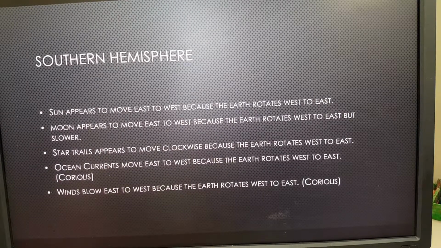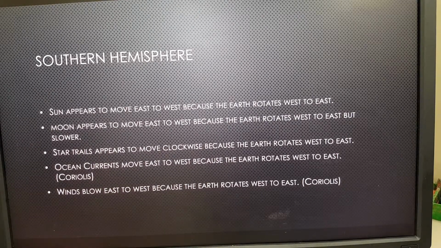In the southern hemisphere, the sun also appears to move east to west because the Earth rotates west to east. The moon moves east to west because the Earth rotates west to east, but the moon appears to move slower because of its own rotation.